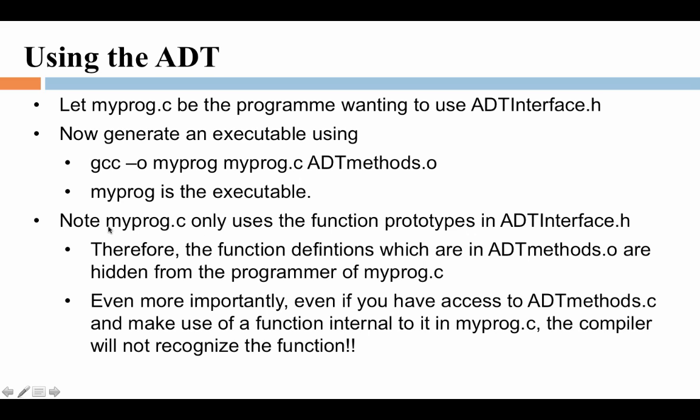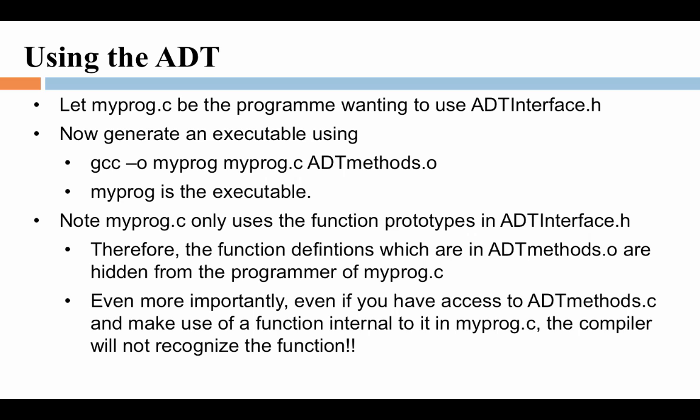Now, very importantly, note that your C program, that is myprog.c, only uses the function prototypes in ADT_interface.h. Therefore, in a manner of speaking, the function definitions which are in ADT_methods.o are hidden from the programmer of myprog.c.